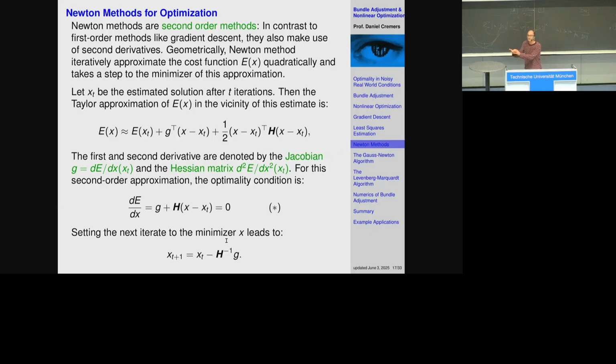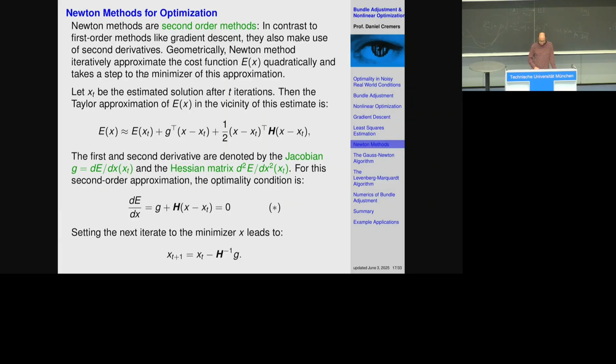You fit the parabola every time and keep going. And then much later I read up about it and found out this is a known procedure, and it's called the Newton method. It's so obvious that even hundreds of years ago people came up with it. Not very profound. And how does that work?